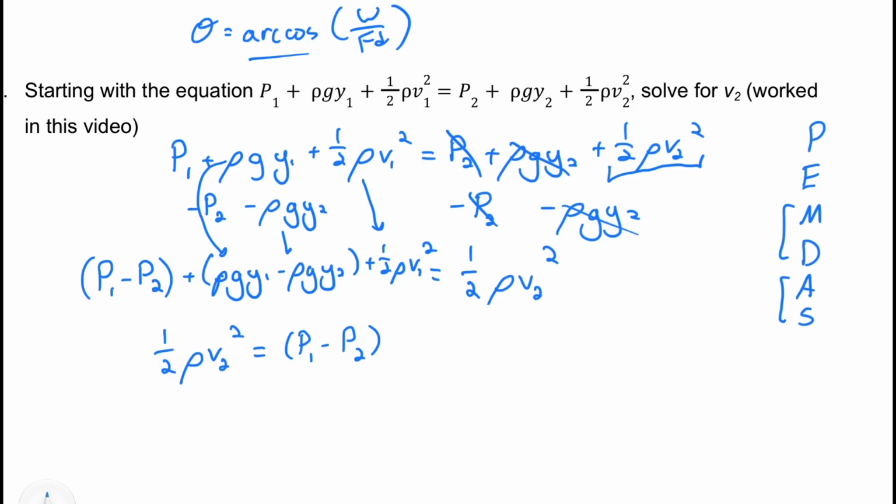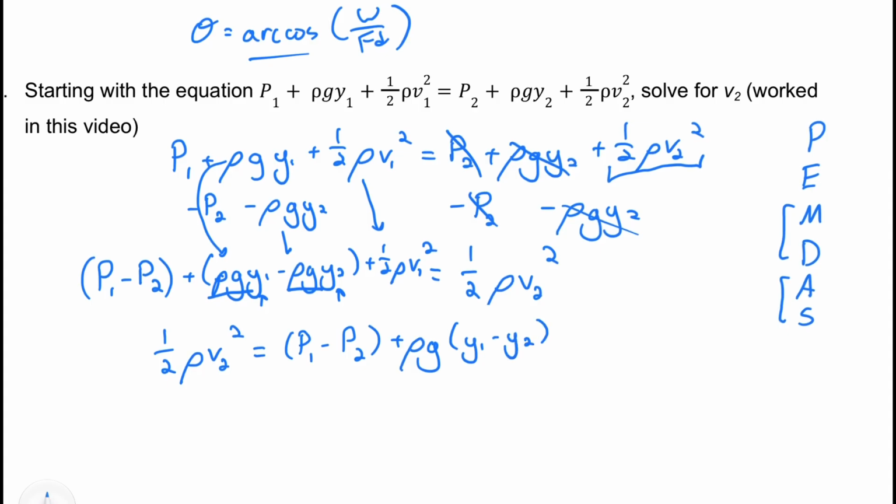So P1 minus P2 in parentheses, plus, and for this part I'm going to pull out the common variable, which is rho g, and simplify the subtraction inside the parentheses. We have y1 minus y2, and outside of that we have rho g, because rho g is common to both terms, rho g y1 minus rho g y2. We pull those out and leave y1 minus y2 in the parentheses.